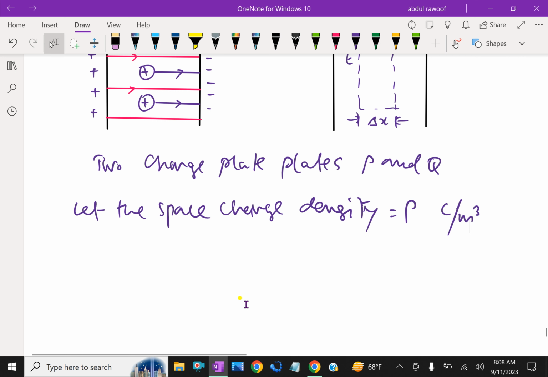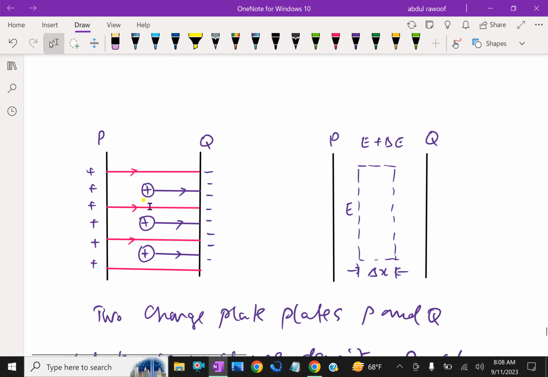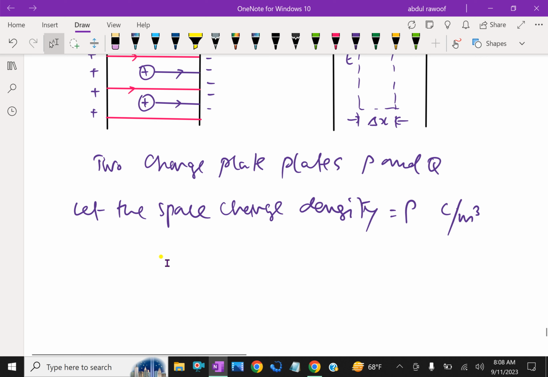It will be assumed that the space charge density varies from one point of space to another, but is uniform throughout any thin layer taken parallel to the plates P and Q. If the x-axis is taken perpendicular to the plates, then rho is assumed to depend on the value of x.